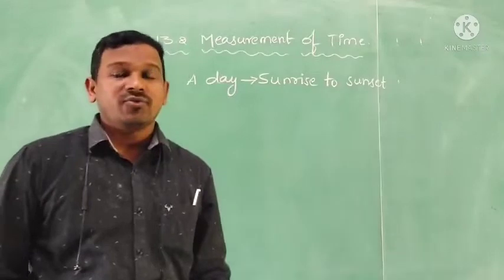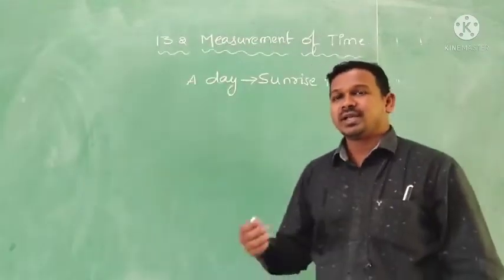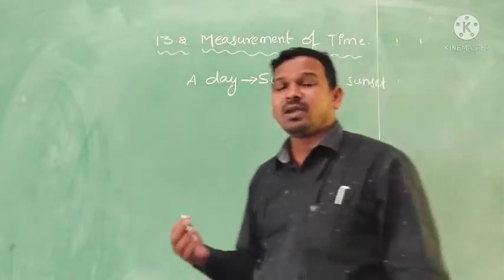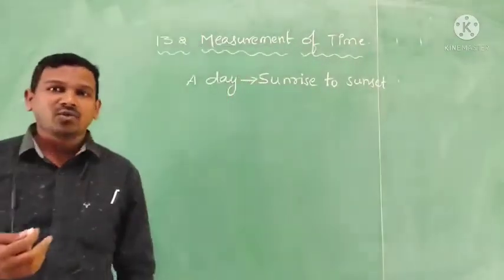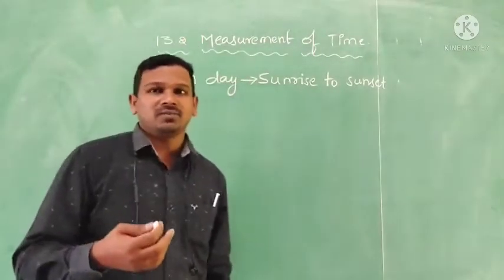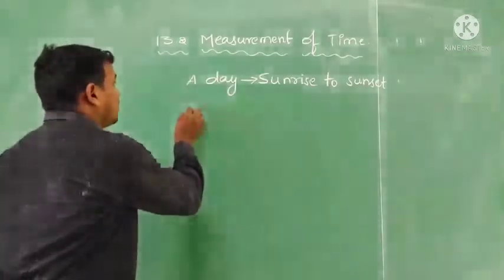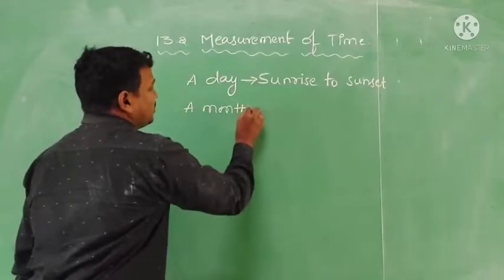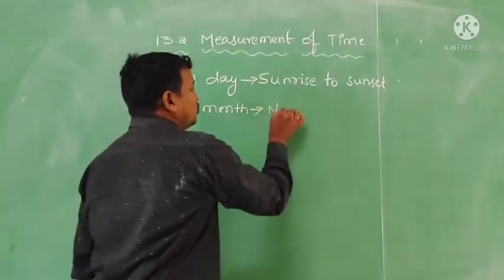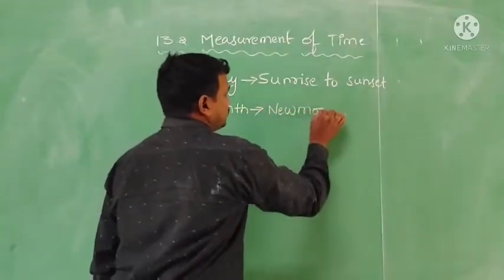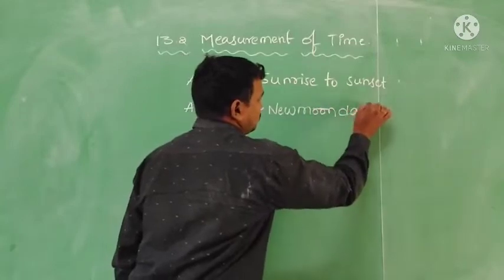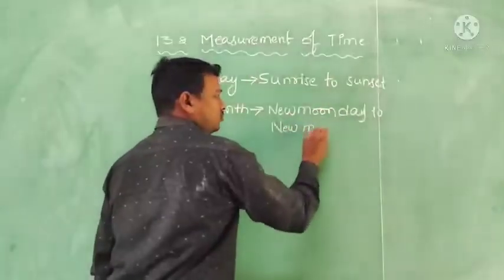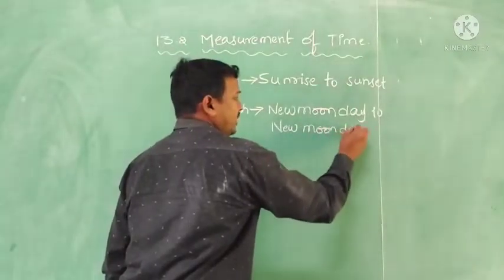What if you are going for increasing the days? What will come? Month will come, right? How will the month be decided? How was the month told by the ancient people? A month is denoted from new moon day to new moon day.